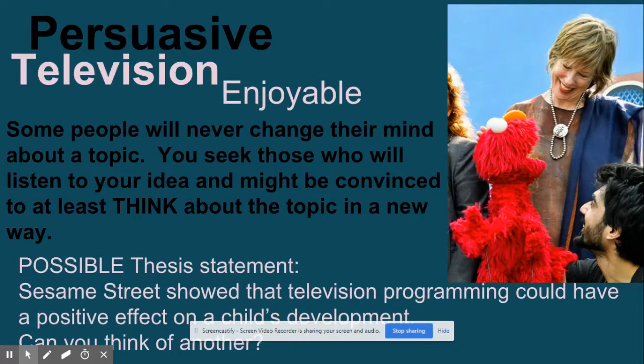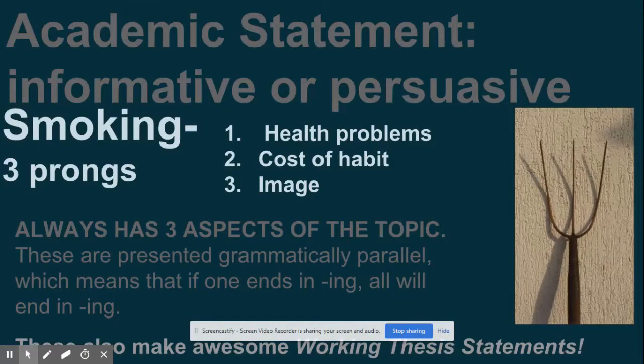That is a perfectly okay thing to have happen. You don't have to take someone who is really in the black on one idea and bring them all the way to white. It's fine if they just get to charcoal gray sometimes. So a possible thesis statement would be, Sesame Street showed that television programming could have a positive effect on a child's development because they enjoyed watching it. Okay, so you can think of another if you'd like.